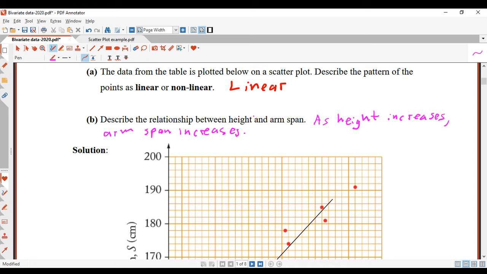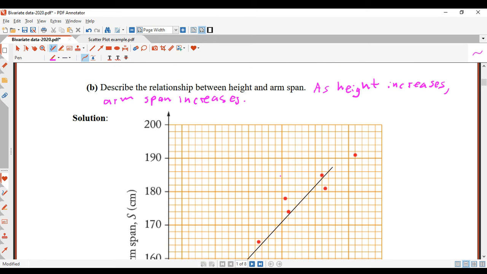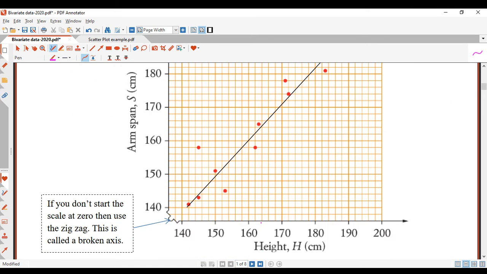So the whole point of bivariate data is we're trying to see if there's a relationship between the variables. Okay, so in this particular example, we see the relationship is linear. We see that as height gets bigger, so does arm span as well.